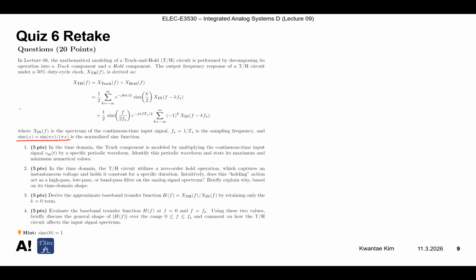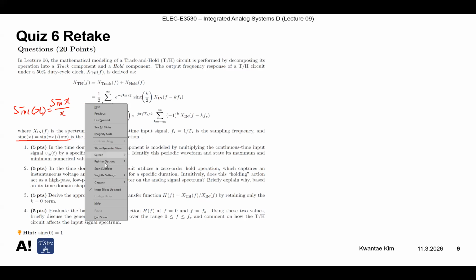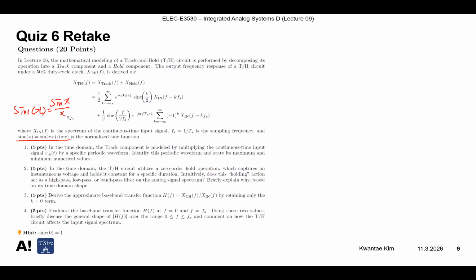But in other fields, the sinc function is sometimes defined as sin(x) over x, without pi. In our engineering field, we normally use this definition. So the first question is this.